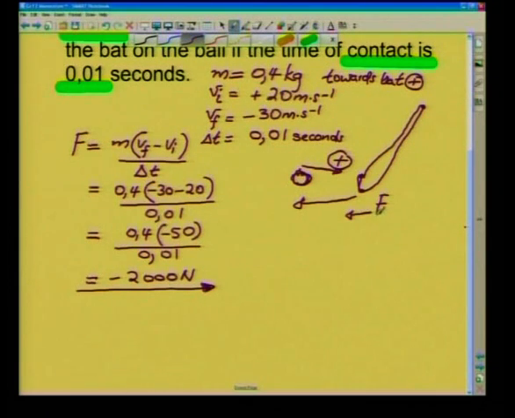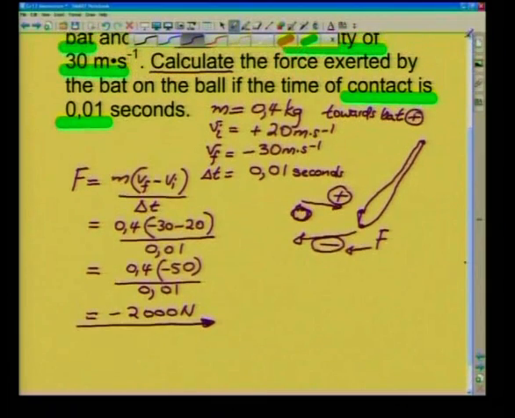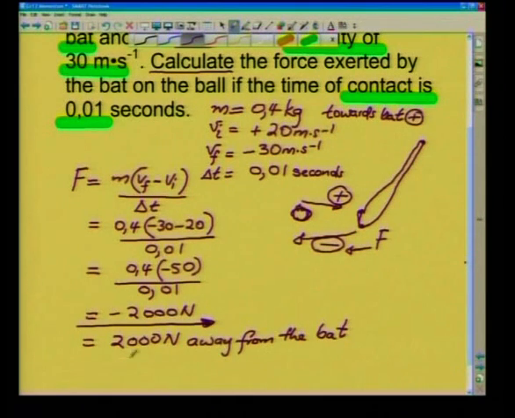So the force exerted on the ball in that direction will be negative. Hence we find it to be negative. But the question said, calculate the force exerted by the bat on the ball if the time is that. So we would say that the force is 2,000 newtons away from the bat. Okay, so that is the magnitude of the force that is being exerted on the ball by the bat.